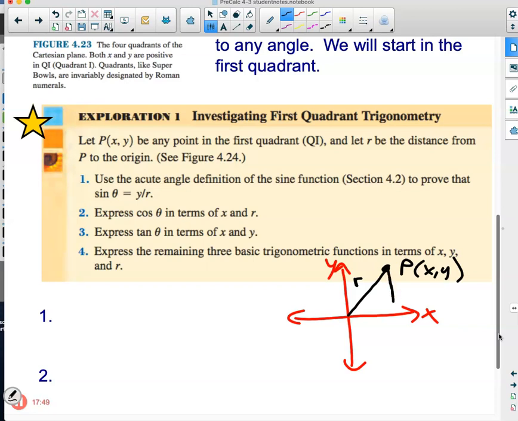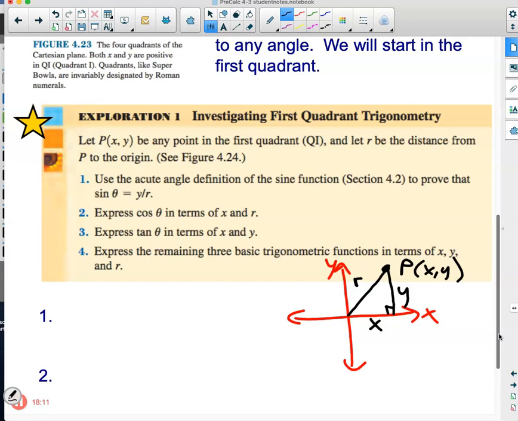So we would drop our little reference angle down there, and form a right angle. And now I start thinking, well, I already know what I need for the side lengths of this triangle because it went over x and it went up y. And now we have a label for all of those wonderful little sides.